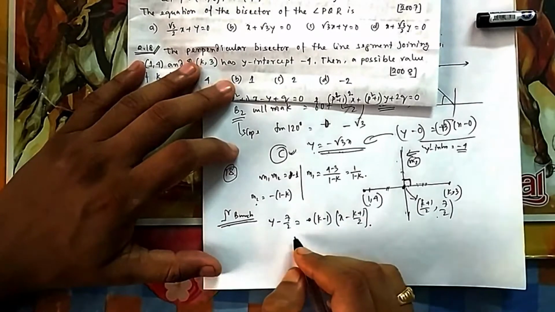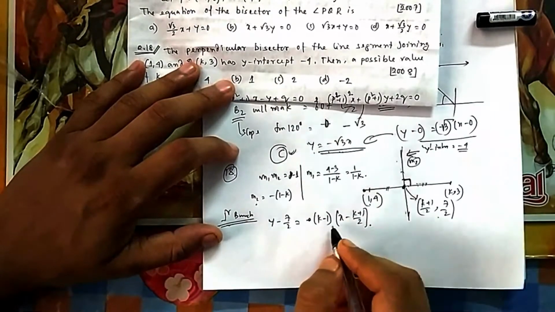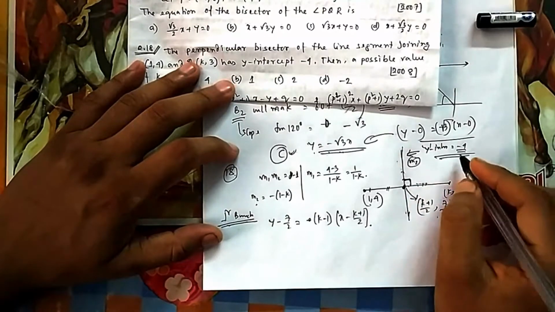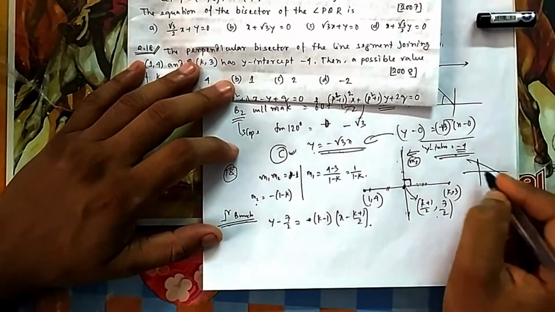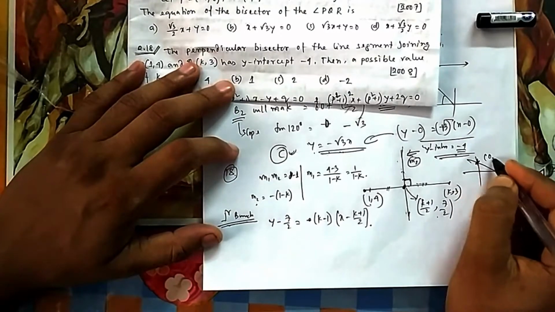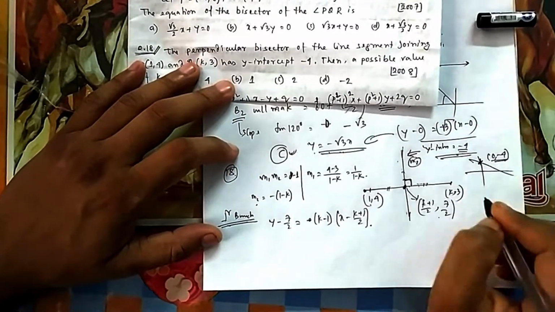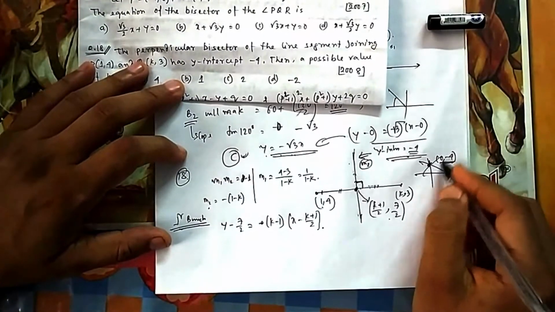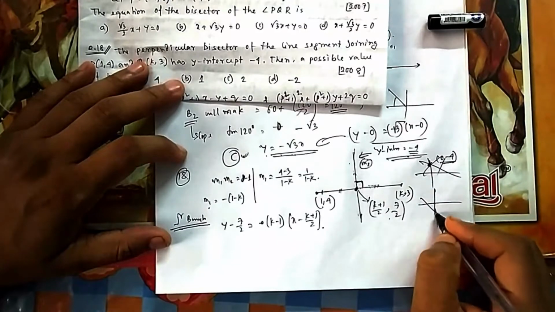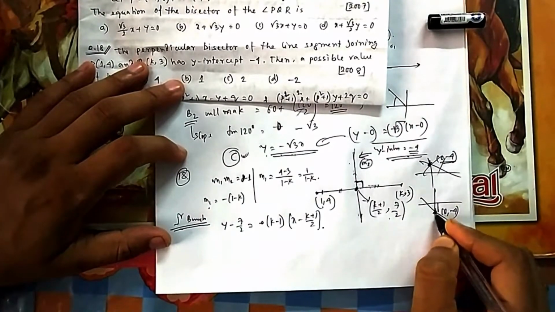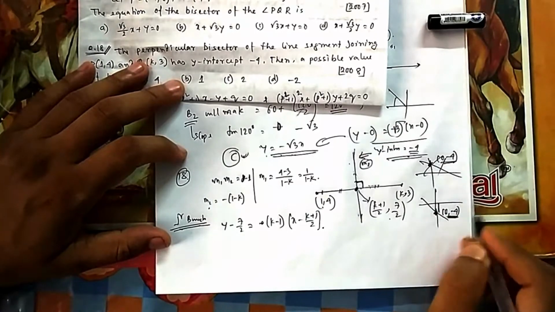So what does y-intercept mean? You can treat it as y equal to mx plus c, because c is the y-intercept. Y-intercept means the line cuts the y-axis at this point. If you put x equal to 0, because y-intercept minus 4 means the point is 0 comma minus 4, the line is passing through 0 comma minus 4, in the lower portion here.